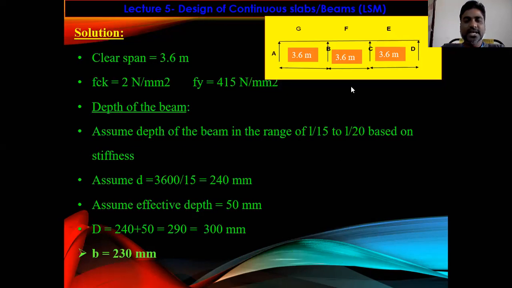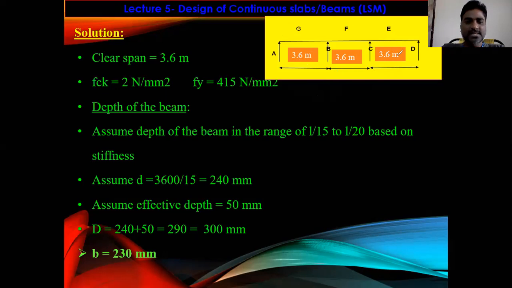Next, you need to check that the difference between any 2 spans should not be greater than 15% of the longest span. Here all spans are equal, so the difference is less than 15% of the longest span. So this method is applicable.